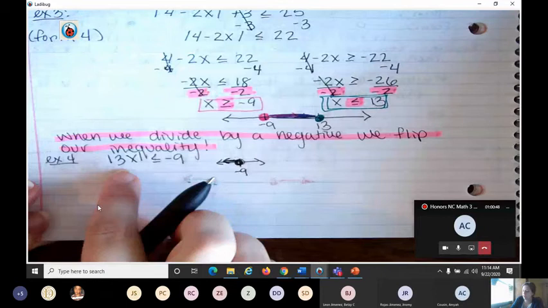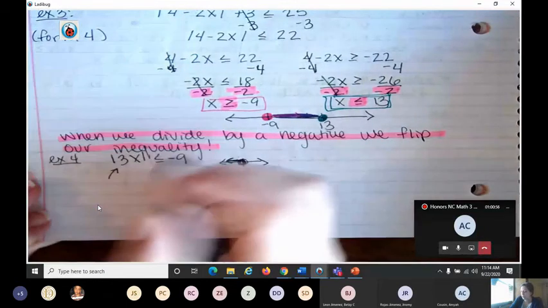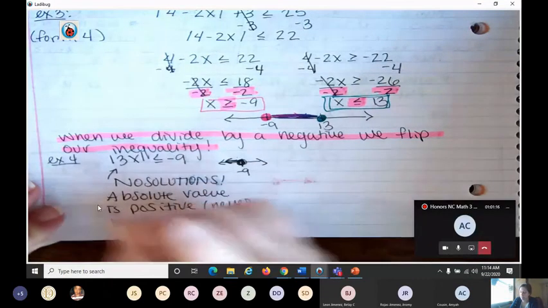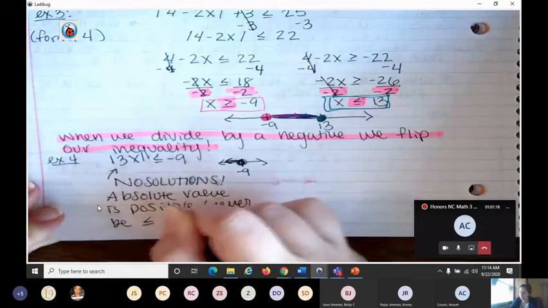A positive value can never be less than or equal to a negative value. So this answer would be no solutions. Absolute value is positive, so it can never be less than or equal to a negative.